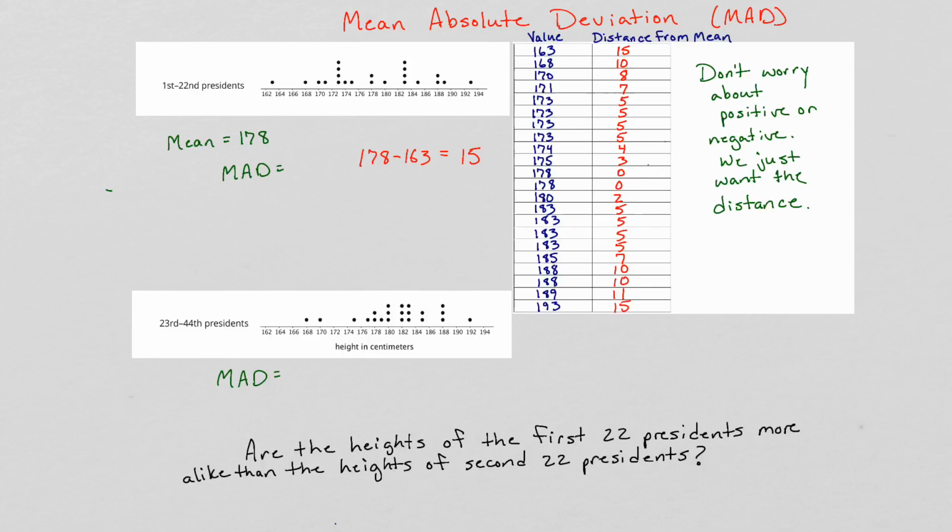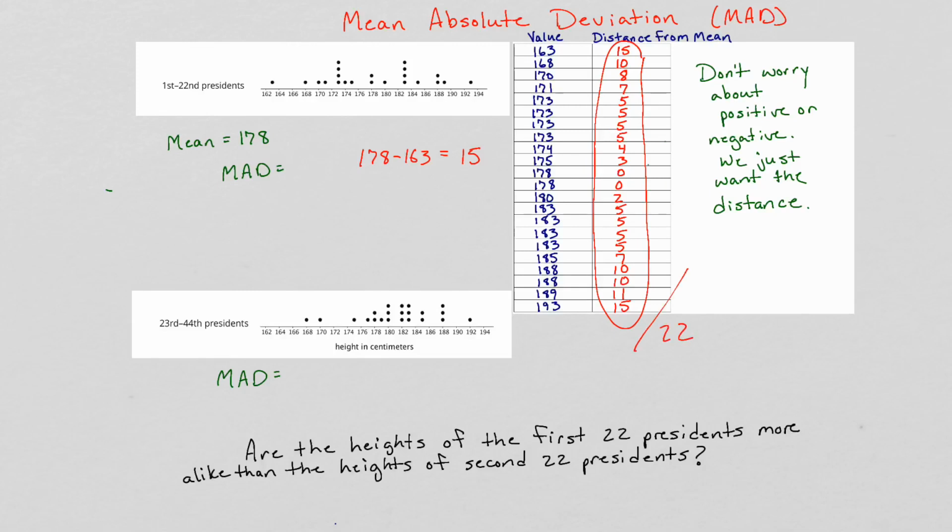Now, in order to get the mean absolute deviation, we add all of these together and we divide by 22, because that's how many pieces of data we have.